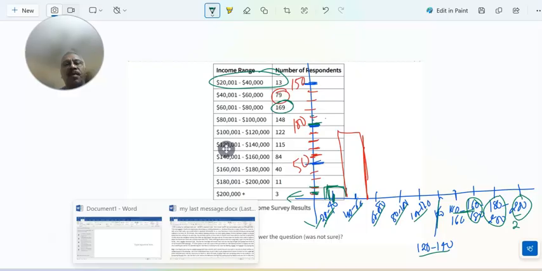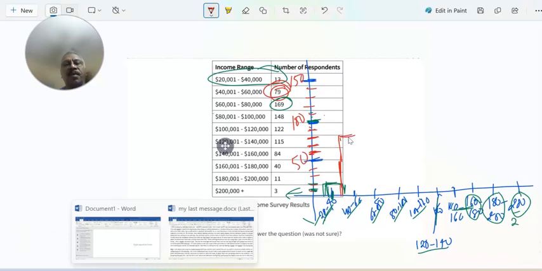Oh, sorry, the red one, we did it wrong. So the red one is 80. So 80 will be 50, 60, 70, 80. So this will be 80.